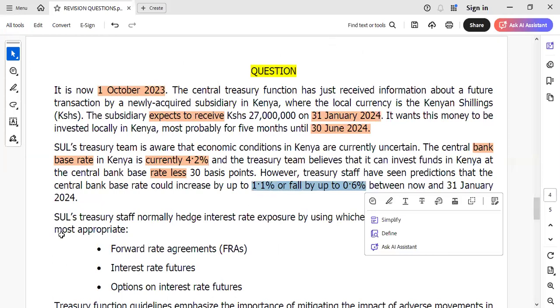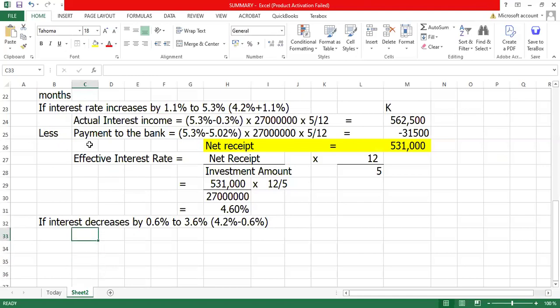Okay, so you follow the same steps. Here you get the actual interest income, but here you're using what? Remember, as you get your actual interest income, it must be affected by the basis point, because you're investing at a central bank rate less the 30 basis points. So your central bank rate now is 3.6.